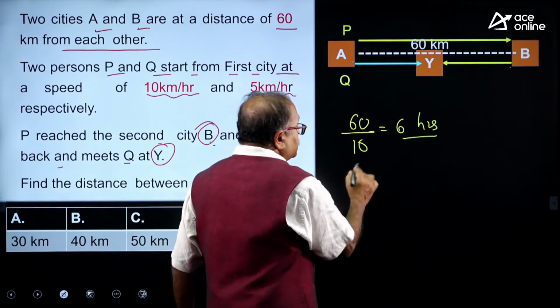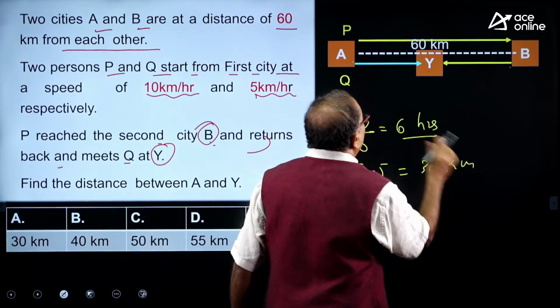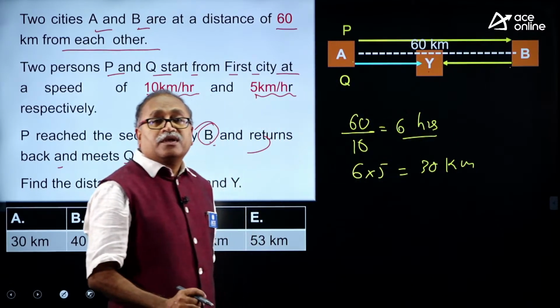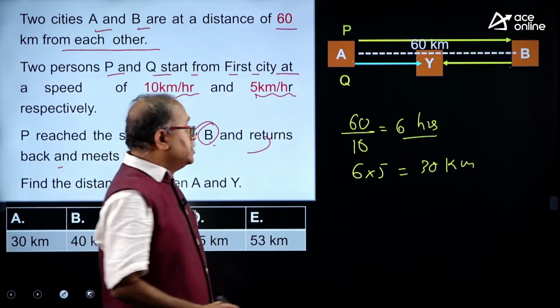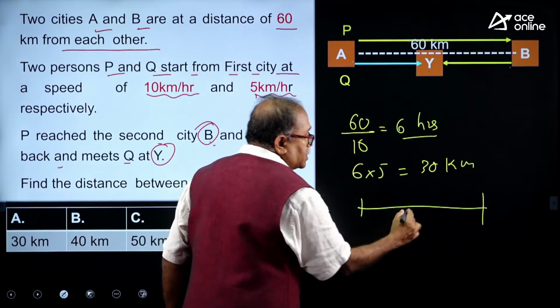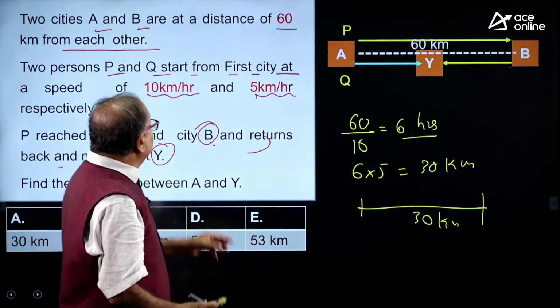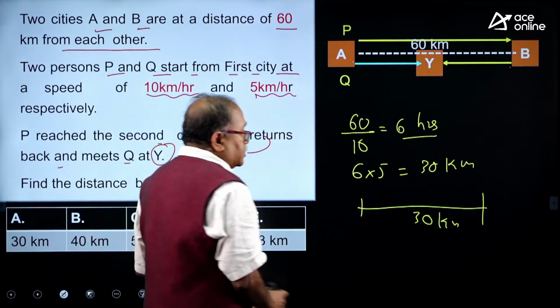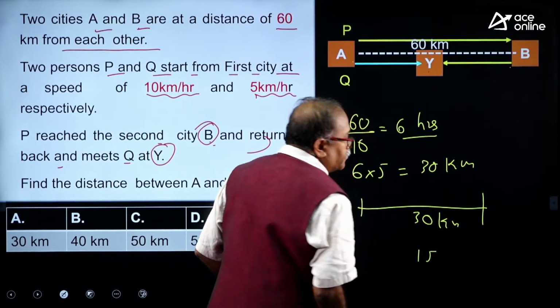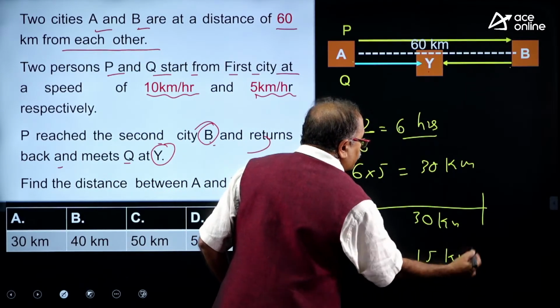That means in 6 hours, 6 into 5, that is 30 km he has already covered. What is the distance left? The total distance is 60, the distance left is 30, and the relative speed is 10 plus 5, that is 15. Relative speed is 15 km per hour.